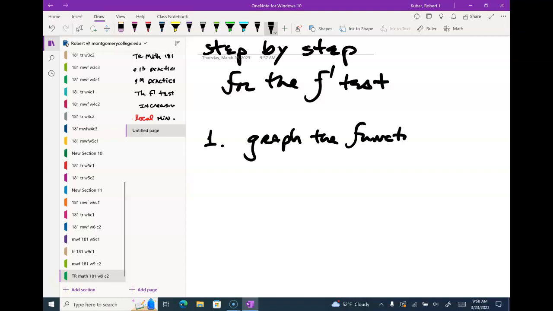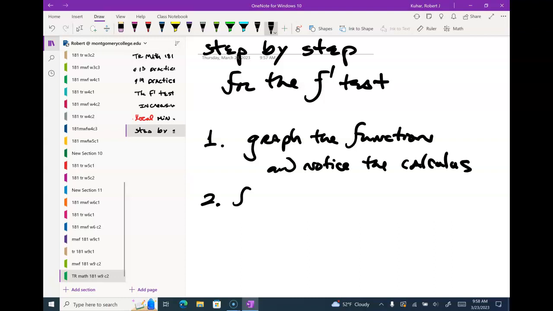And notice everything that you're looking for. Notice where it's increasing. Notice where it's decreasing. Notice where there are local mins. Notice where there are local maxes, right? Yes, you with me? Good.